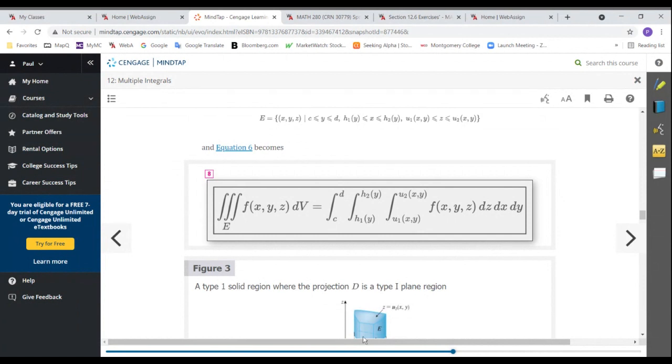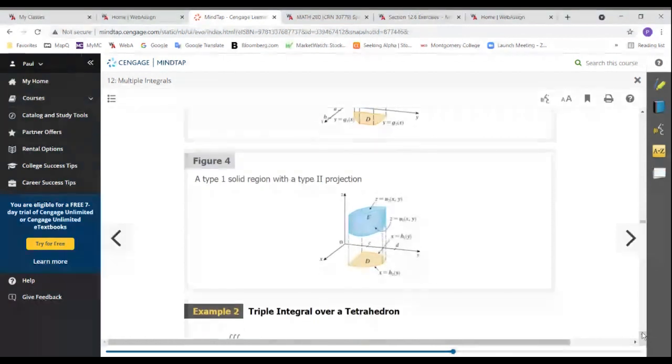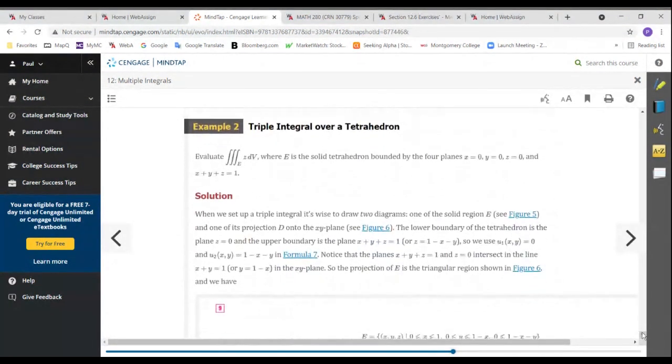Okay. Are there any questions so far? Okay, well then let's continue on. So example 2 talks about a triple integral over a tetrahedron.